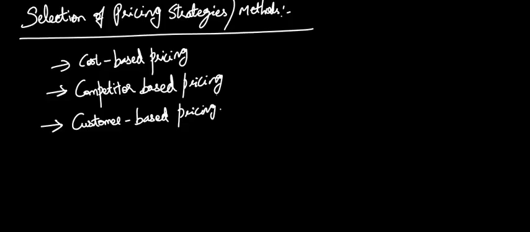What is the cost based pricing? Cost based pricing is the pricing in which the price includes the cost of ingredients and running the business. All costs in running the business.